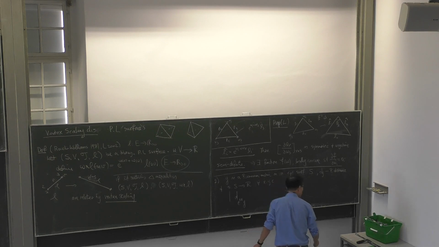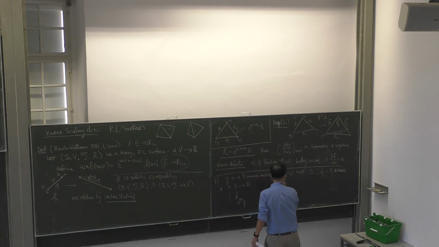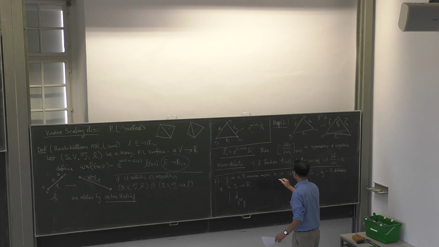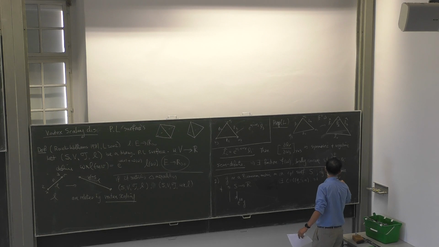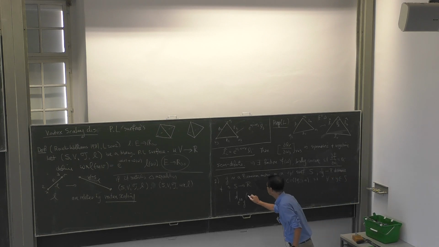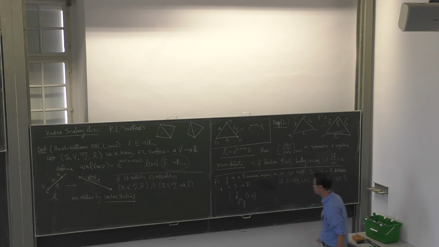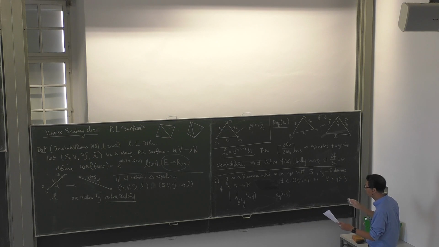Okay, let me make it more precise, sorry. There exists a constant C, depending on the metric, the surface and u, such that for any pair of points x and y on the surface, if you compute the distance between x and y in the conformal changed metric and compare it to the original distance, we want to see how close these two are.